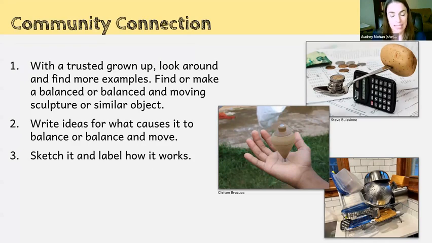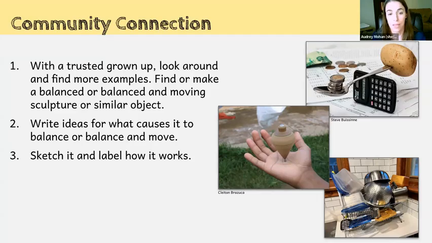Kids see weirdly balanced things every day in the world. And so we want to give them an opportunity to look for something outside the classroom that might be balanced or balanced and moving in an interesting way. Again, they get to sketch what they see in the real world.